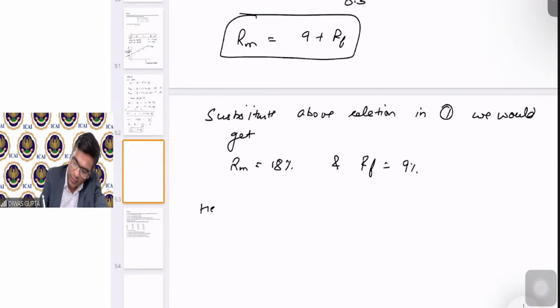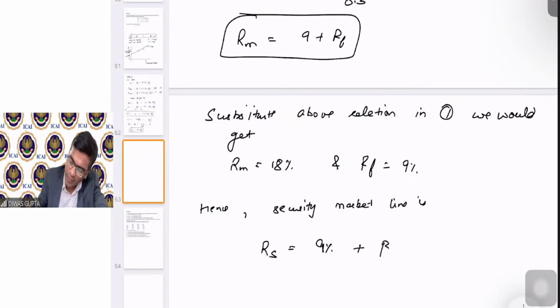Hence, the security market line is 9% plus beta. This is the equation.